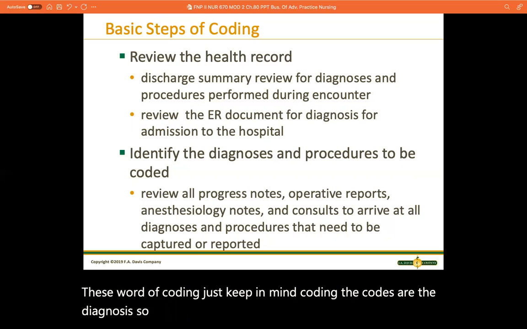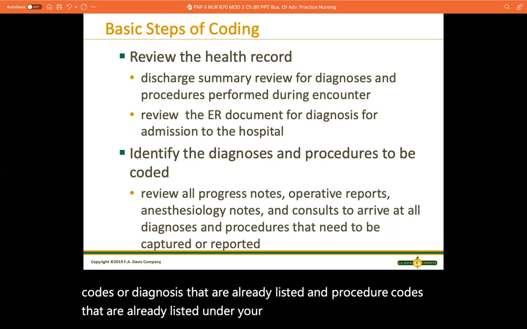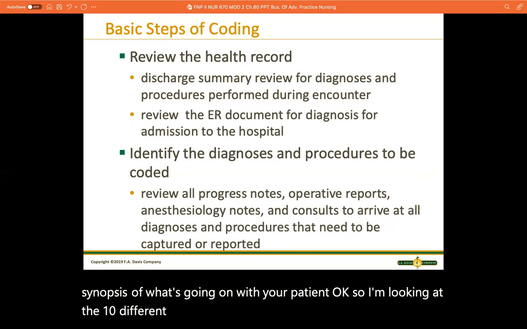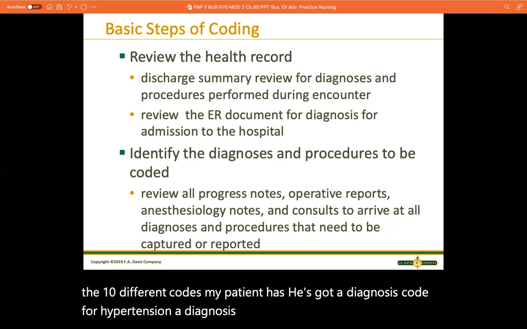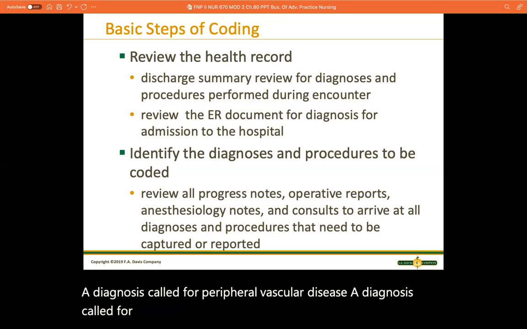So the beautiful thing is when you're looking at these codes or diagnoses that are already listed and procedure codes that are already listed under your patient, you're getting a beautiful synopsis of what's going on with your patient. Okay, so I'm looking at the 10 different codes my patient has. He's got a diagnosis code for hypertension, obesity, peripheral vascular disease, COPD, and anemia.